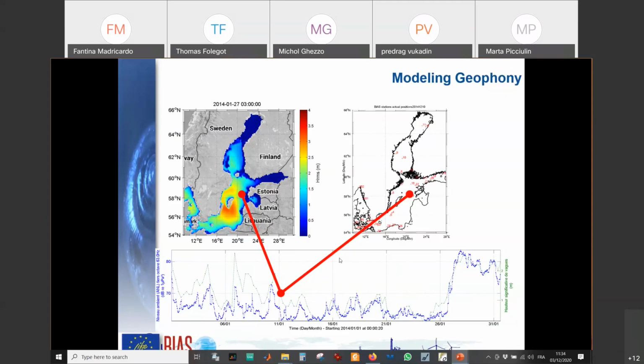Yes, it's going to be different. You have a local effect because of the coastline and the topography if you're close to the coast, because the structure of the waves has a very local component. So it's changing from place to place.